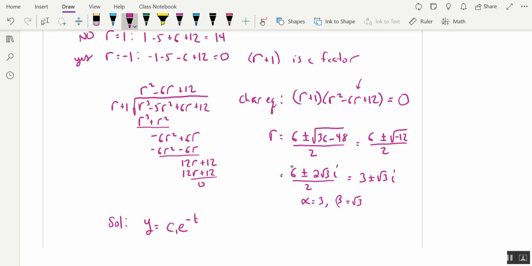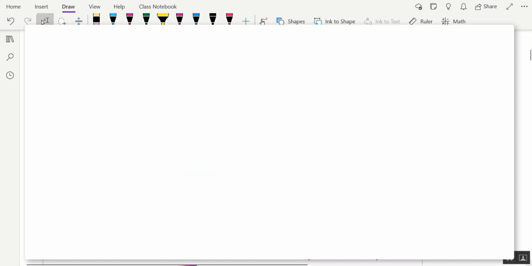And then for these roots, I'm going to get two terms, c2 e to the 3t cos root 3t, and then c3 e to the 3t sine root 3t. All right, and that is the end of this section.